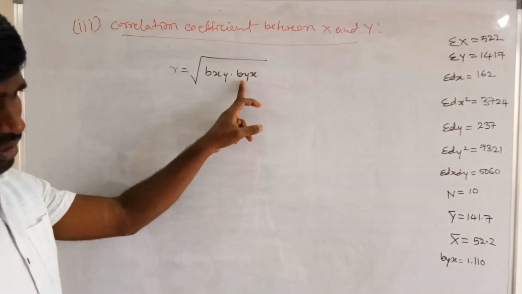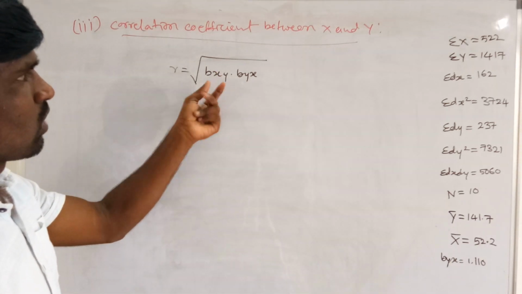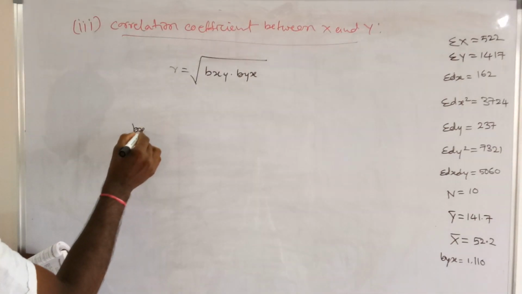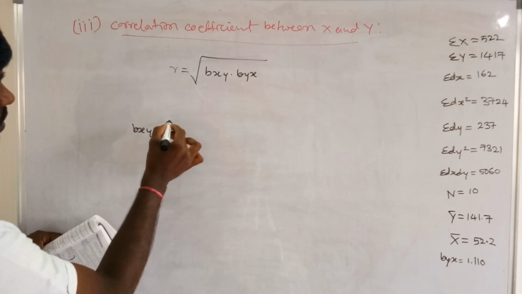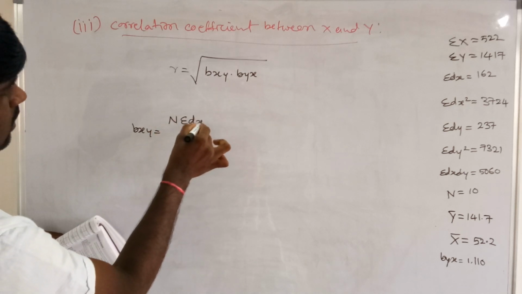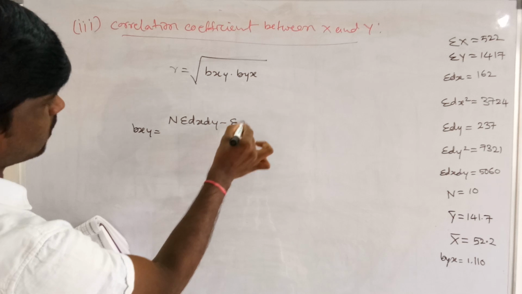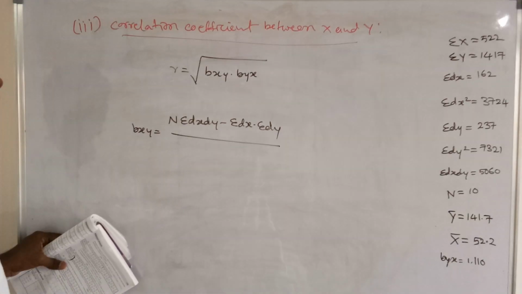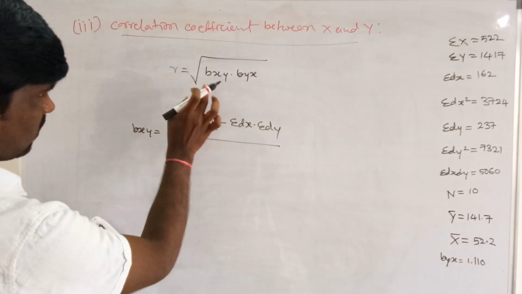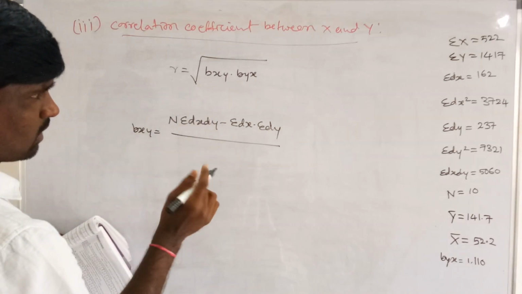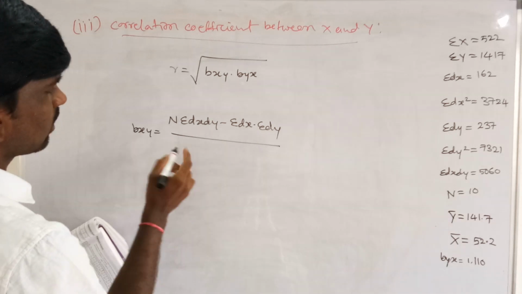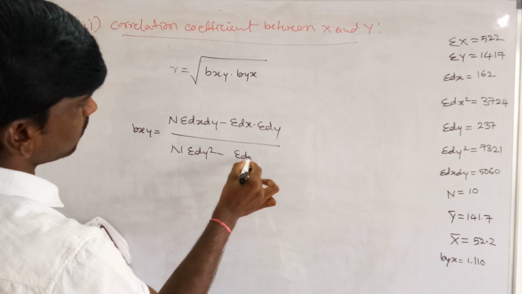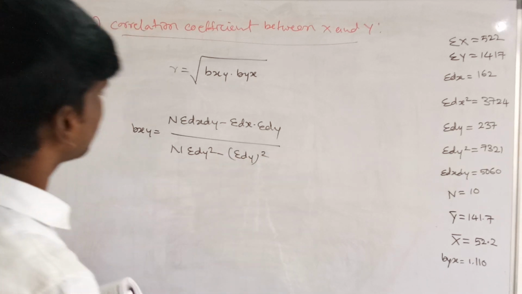So we have the byx value, then we have to find the bxy, right? Then bxy is equal to n into summation of dx dy minus summation of dx into summation of dy, divided by n into summation of dy square minus summation of dy whole square, right?